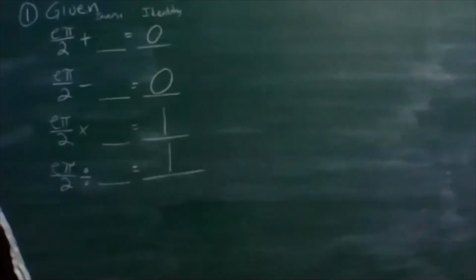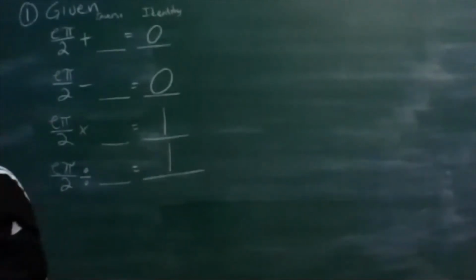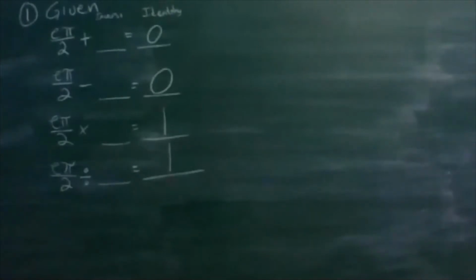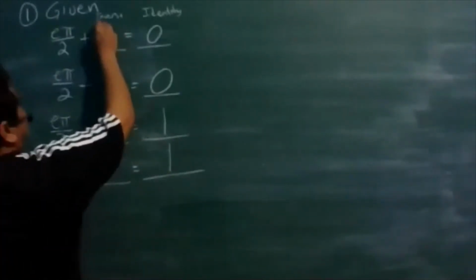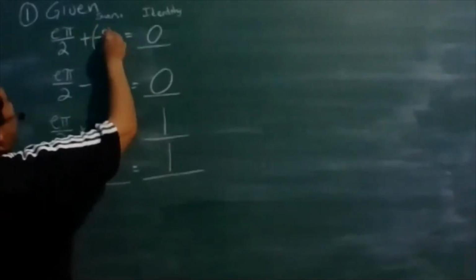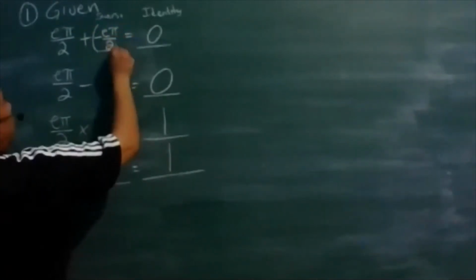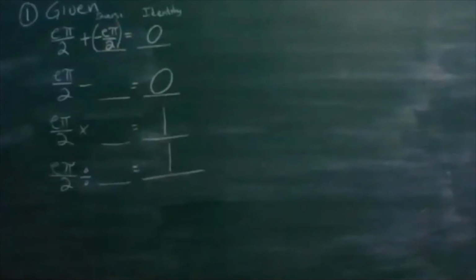Look at the law. Go back to your notes. What did we say we must do in addition to get the inverse? Remember, we did these rules. The negative of itself. So this will be open bracket negative e pi over 2, to equal 0.